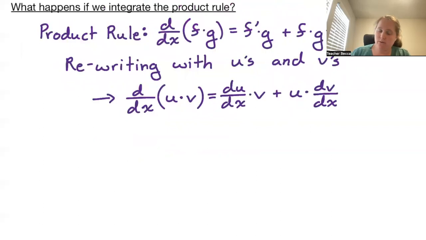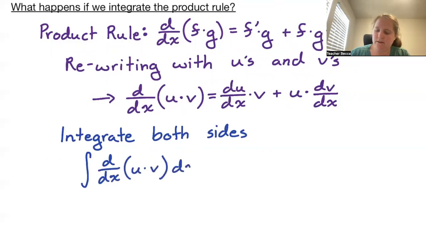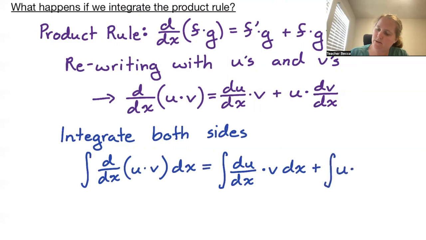So if we now integrate both sides, we are looking at the integral of d dx of u times v, and then dx is equal to the integral of du dx times v dx plus the integral of u times dv dx times dx.